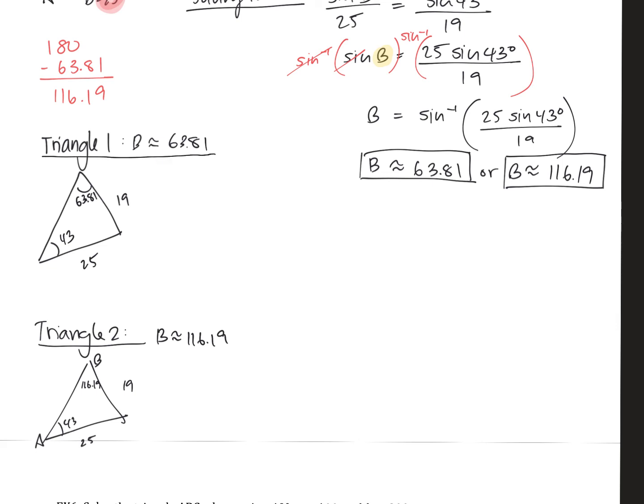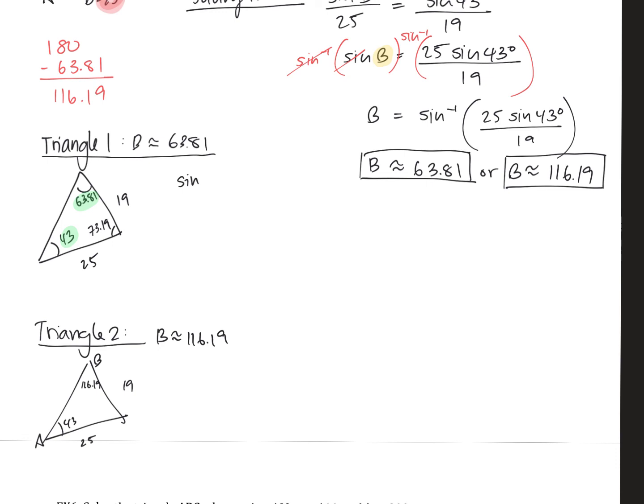So for the first one, how do we find capital C? Well, we can find the interior angles by subtracting these two values from 180, which we have been doing, so I'll go ahead and do that. Subtracting them from 180, we get that C should equal approximately 73.19.